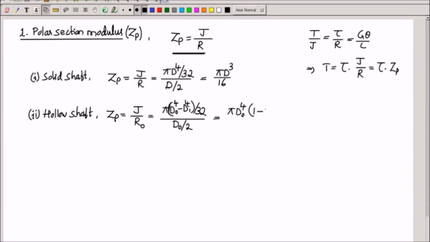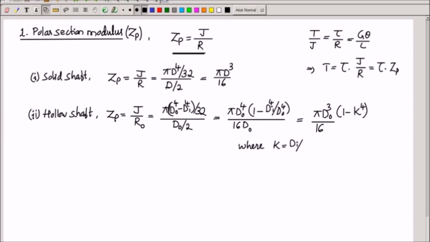It becomes 1 minus di power 4 divided by d naught power 4 in the bracket, divided by, here it will be 16 d naught. Now if you cancel one d naught, it becomes pi d naught cube into 1 minus k power 4 divided by 16, where k is called di by d naught, the ratio of diameters. So this is what you get for a hollow shaft.